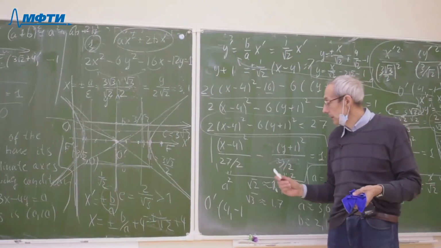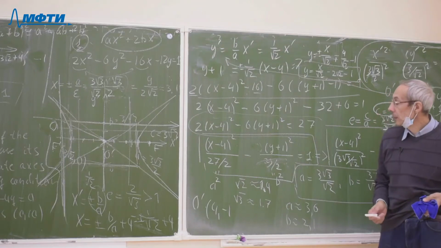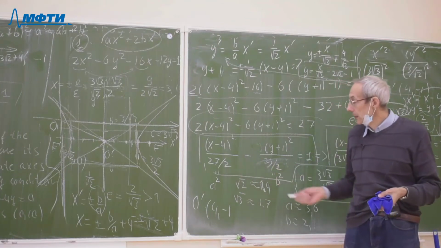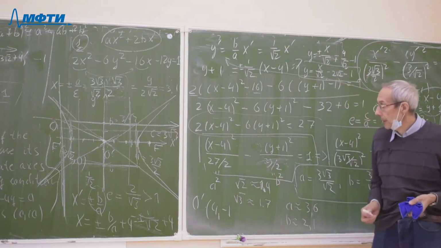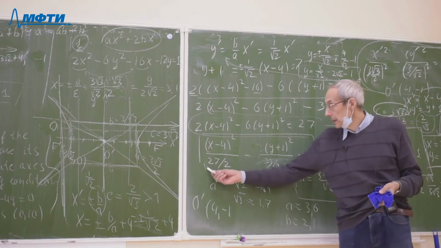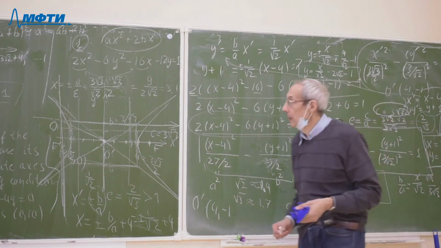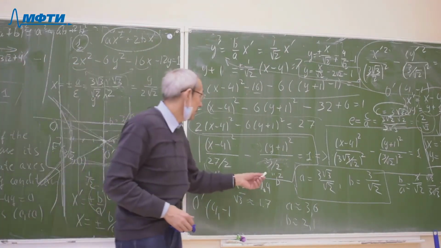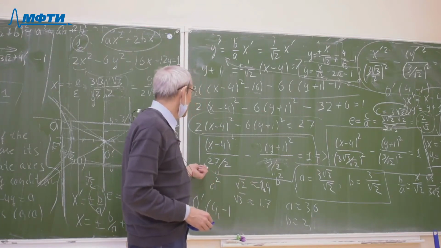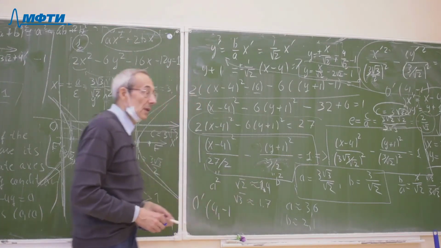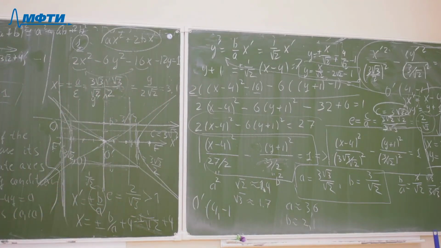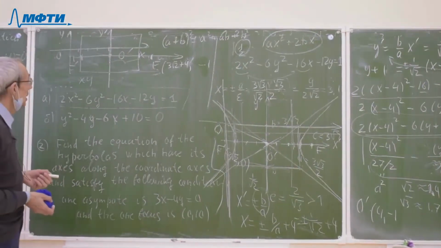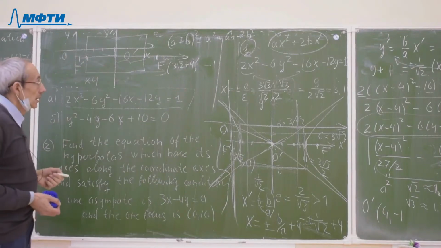Then the denominators of the first terms of second order have the following exact sense. This term is square A, and this term is square B, and A and B are the sizes of the basis rectangle which defines our curve, and we can restore this rectangle.